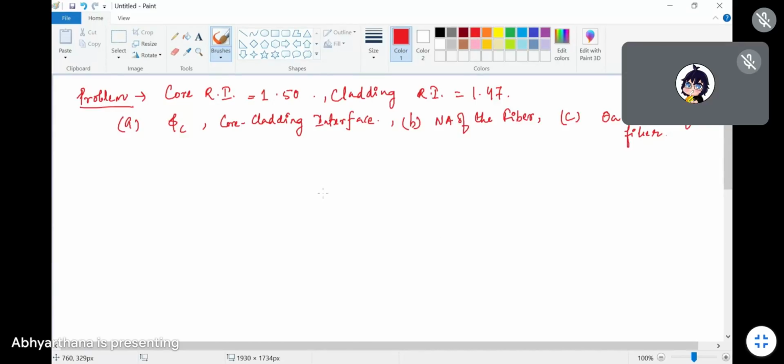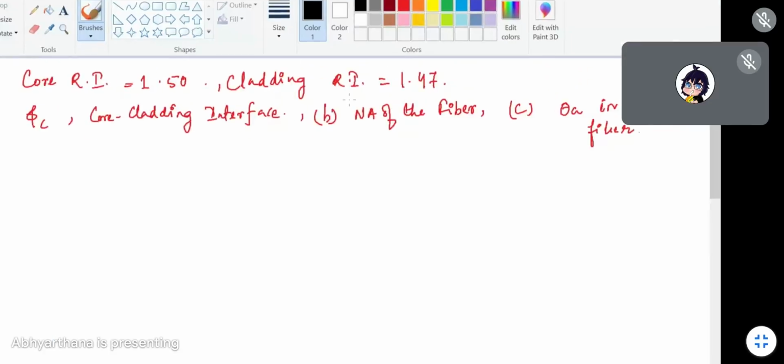As I told you, the first thing you need to check, before blindly writing, is the core refractive index and the cladding refractive index.